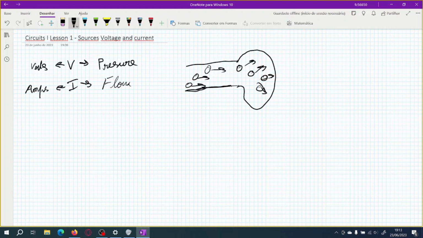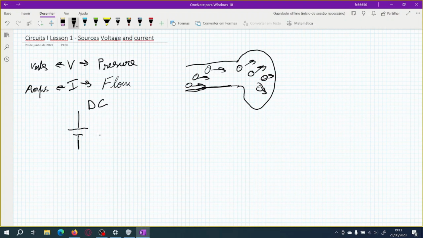And to represent the sources, because we have voltage sources and current sources, and later we will learn how to transform one into the other. The most common way to represent a voltage source is like this, which means a direct current voltage source, or a voltage supply.